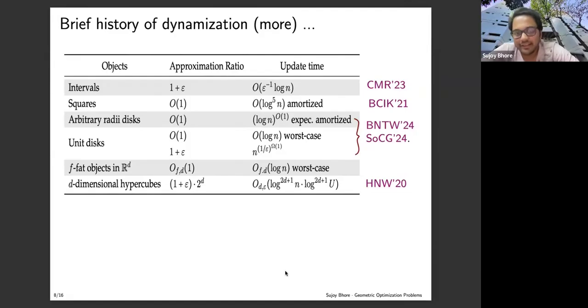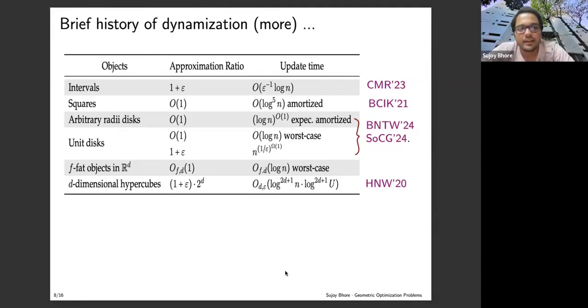The dynamic version of this independent set problem started due to its motivation in scheduling, geospatial information projections, and these kinds of applications. But it has been quite extensively studied theoretically in the last few years.